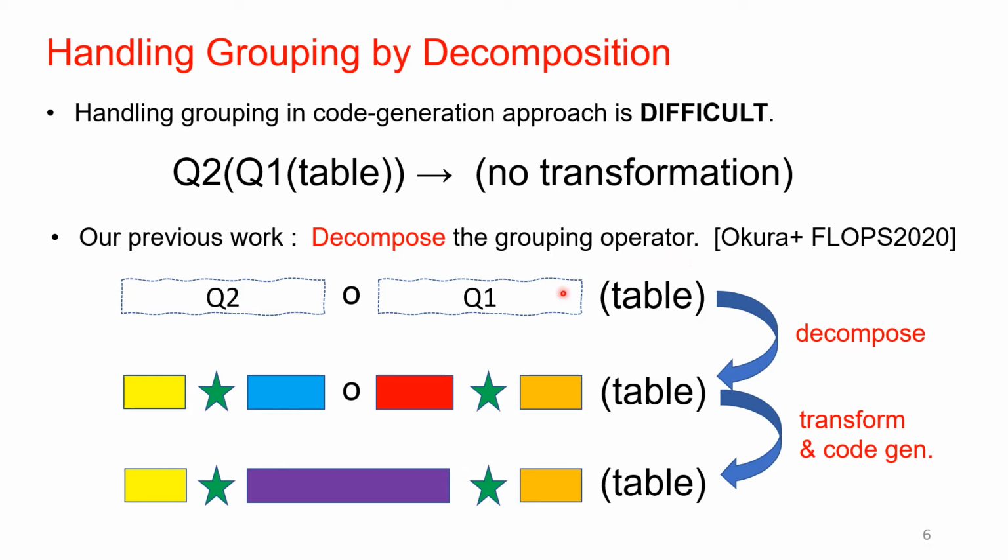So by decomposing a grouping operator into aggregation and other parts, we can transform the query in this way. Since aggregate functions are unrelated to nested data, we can completely eliminate nested data in this way.